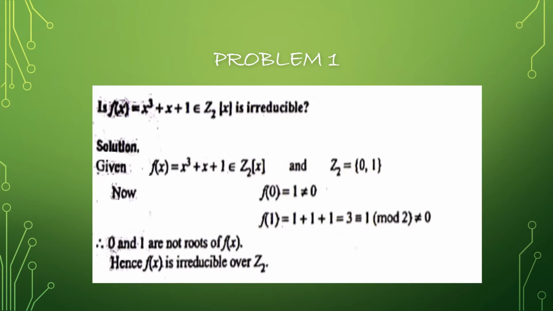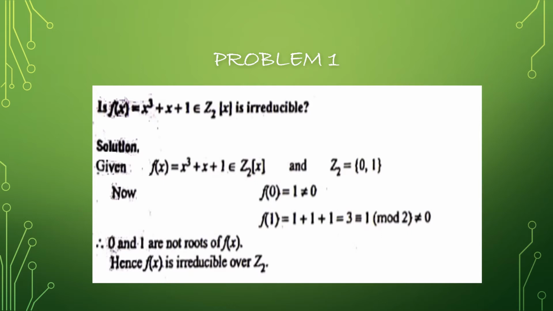First I will substitute 0. If I substitute 0, this will be 0, 0, and the answer I'm getting is 1. This 1 is not equal to 0; it is less than 2, so it cannot be divided. Just put not equal to 0. The second number is 1. Substituting 1 over here, I get 1 plus 1 plus 1, so the answer is 3. 3 is greater than 2, so I can divide by 2, and the congruence modulo 2 remainder will be 1, which is not equal to 0.